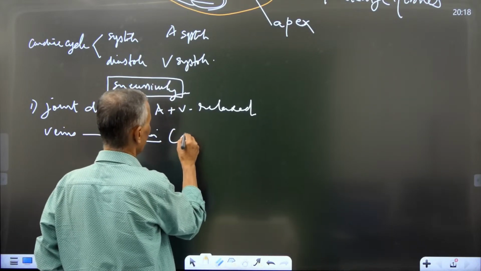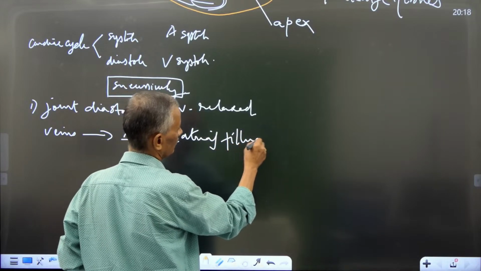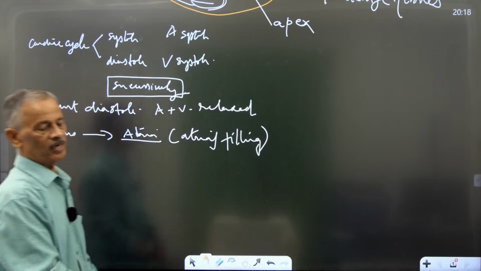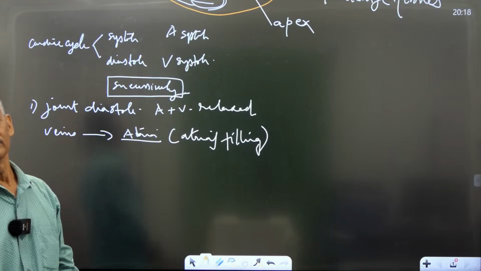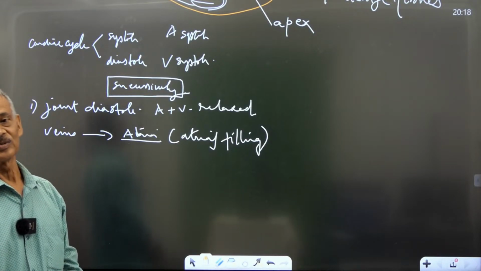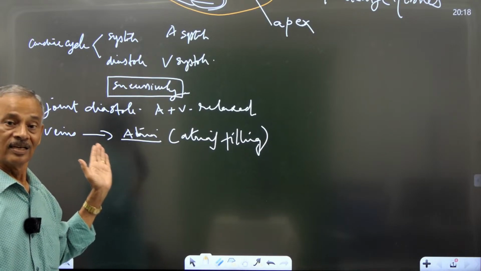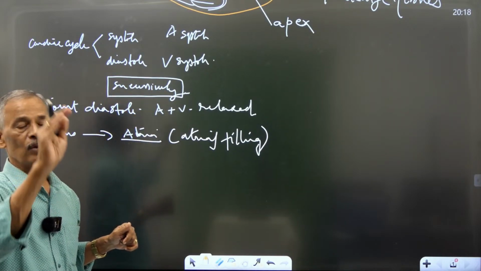This is called atrial filling. So atria is now full of blood brought by the veins. To the right side, we are having the impure blood. On the left side, we are having the pure blood.